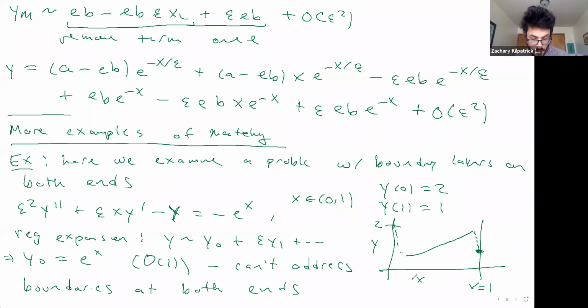Just like the last problem, we're going to have to construct these left and right boundary solutions, which are inner solutions. On the left, we want to take some scaling of our coordinates, but we don't know ahead of time what it's going to be.